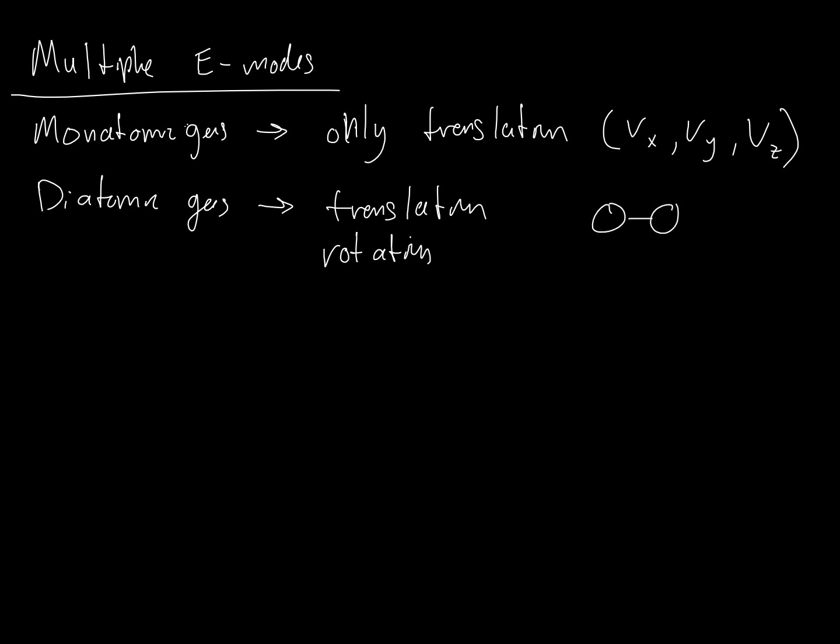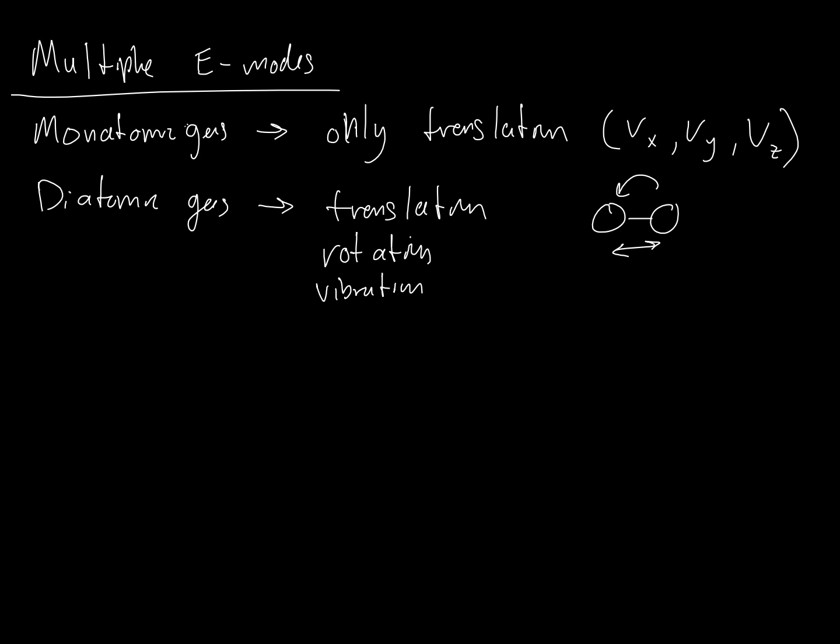The molecule can rotate. And we actually can also have vibration. As it turns out, the vibrational mode is a fairly high energy mode as well. That doesn't really get activated until you're at a reasonably high elevated temperature. Translation and rotation are very easy to do.